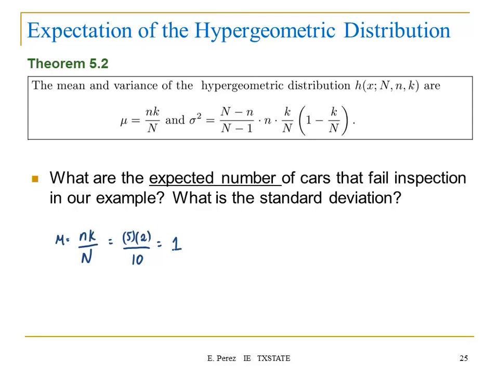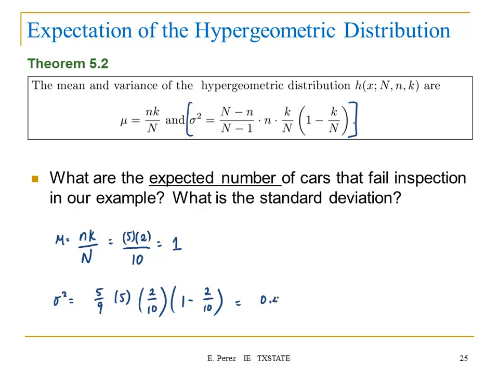So the expected number of cars that will fail inspection, or the mean value, will be 1. You can compute the standard deviation using this expression right here. And as you can see, it's a very large expression. You have to be careful when you're computing the variance for the hypergeometric. So the variance will be equal to 5 over 9 times 5 times 2 over 10 times 1 minus 2 over 10.